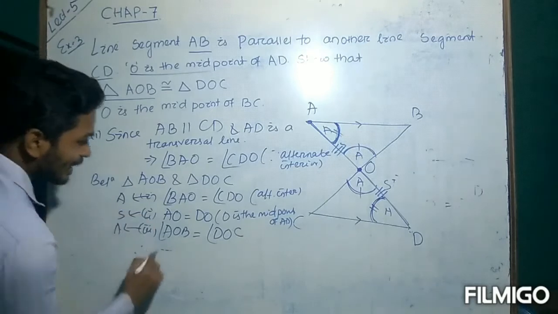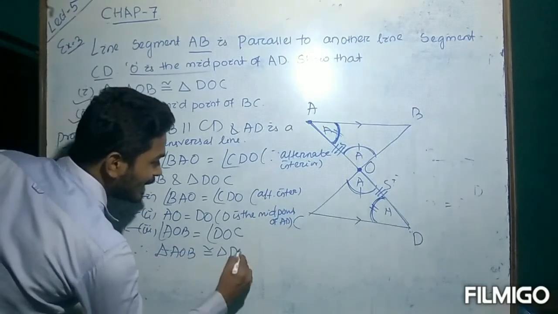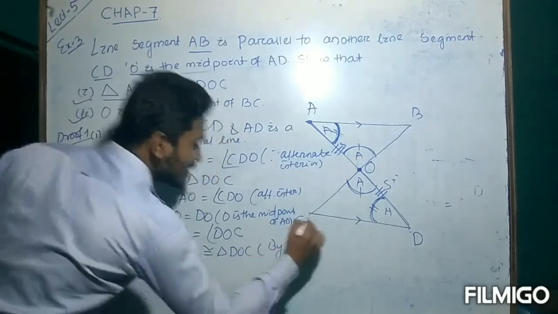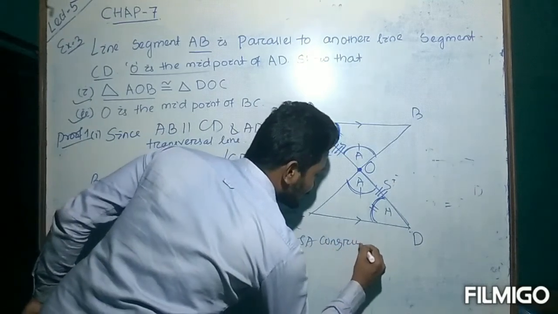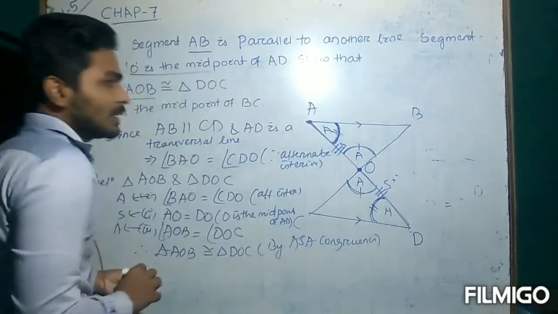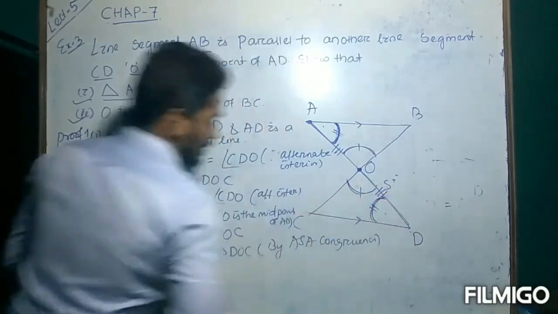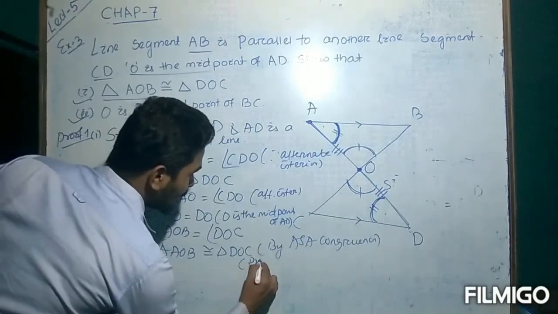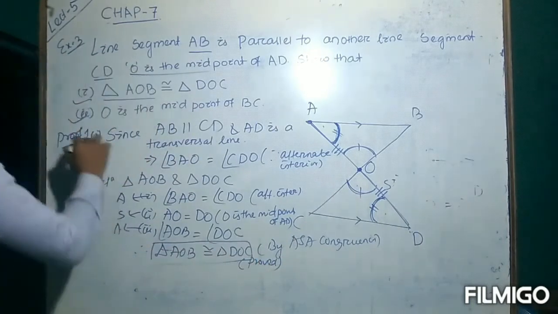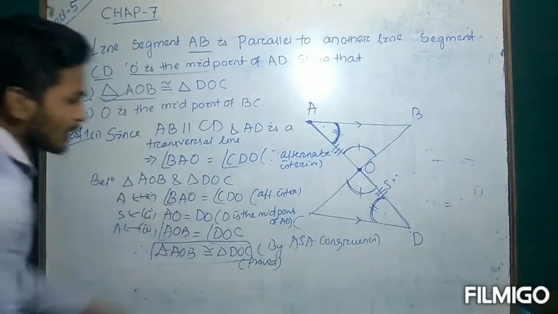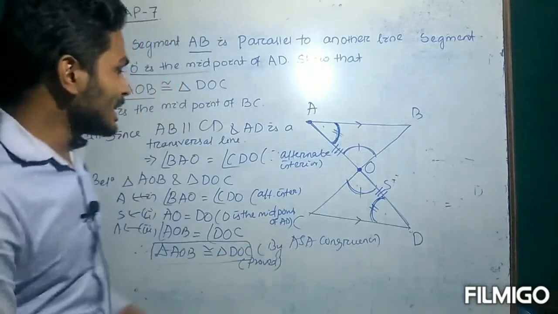Hence we can write that the triangle AOB is congruent to the triangle DOC, by angle side angle congruency. It is now proved. Clear? Hence we prove the first statement: AOB triangle is congruent to DOC triangle.